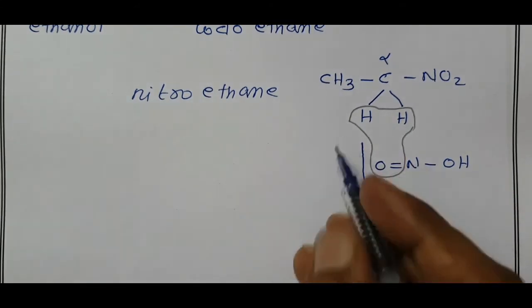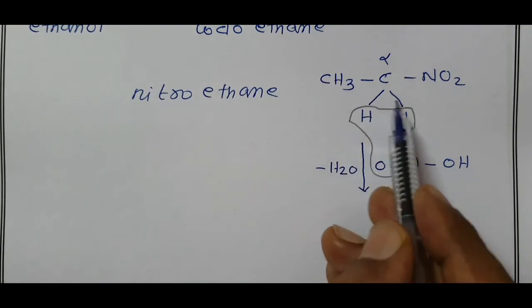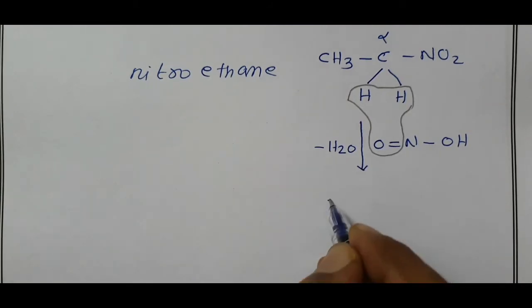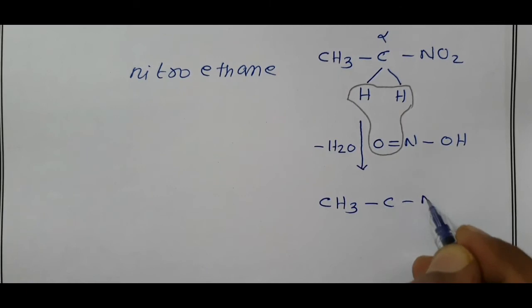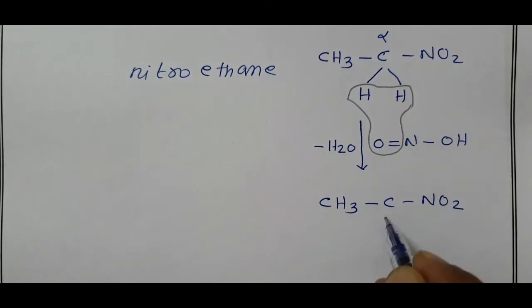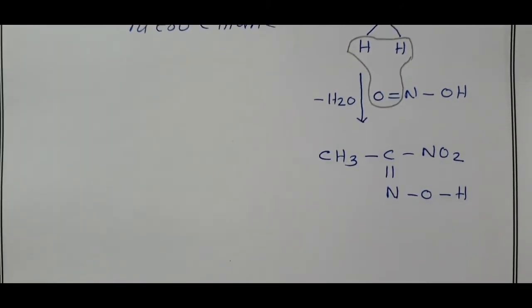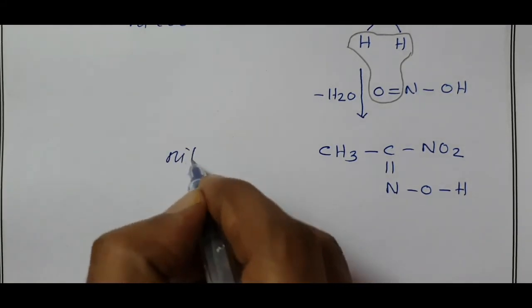Water molecule is removed. Note that a double bond is formed between carbon and nitrogen. CH3, single bond carbon, here you have one NO2, double bond NOH. This is acidic hydrogen. This hydrogen is the nitrous acid hydrogen, acidic hydrogen. This compound is commonly called nitrolic acid.